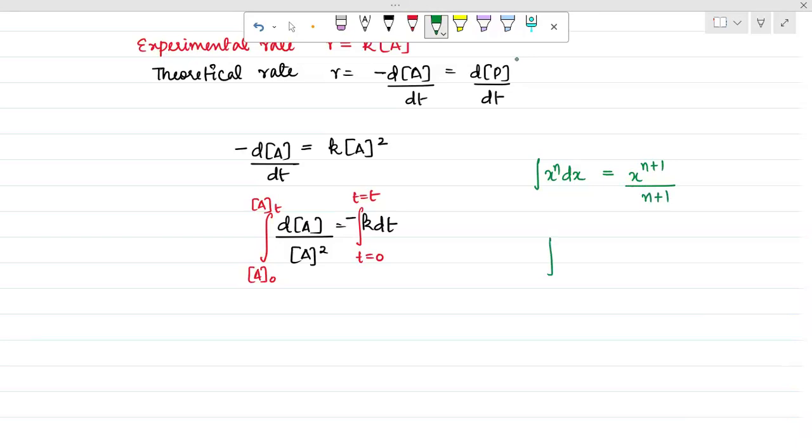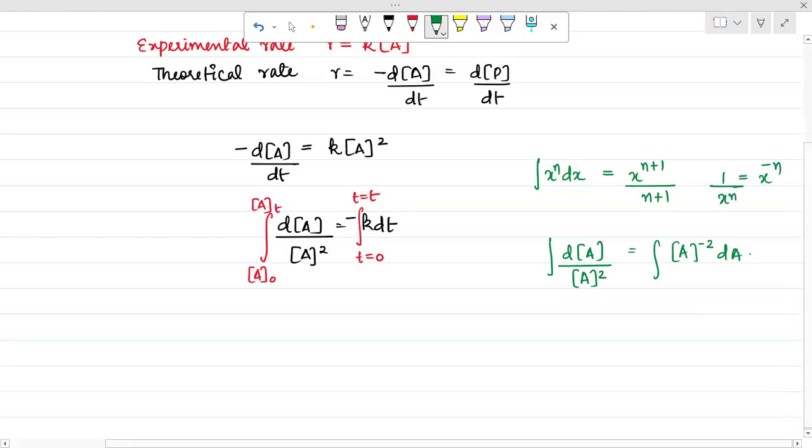Here we have dA by A squared. And this is in the denominator, which means I can write it as A to the power minus 2 dA. Correct? That you people know, right? 1 by x to the power n is equal to x to the power minus n. That's all.